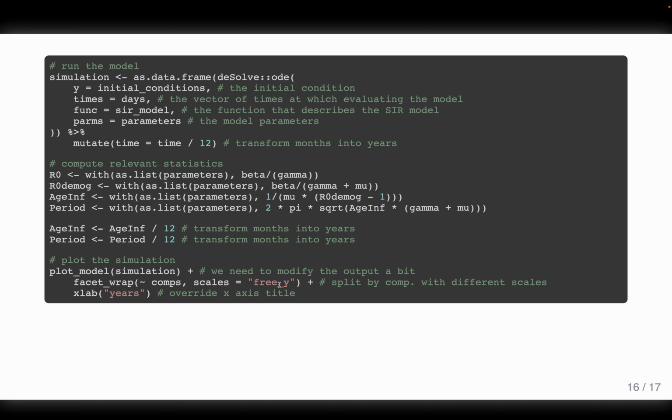This is useful because the number of infectious cases is much smaller than in the other two compartments, and if we don't do this, it will be very hard to visualize the repeated epidemics. And then by using xlab years, we are overwriting the x-axis label, which was days by default.